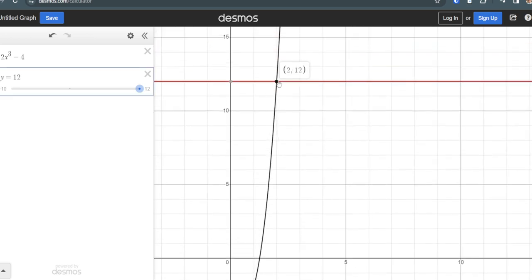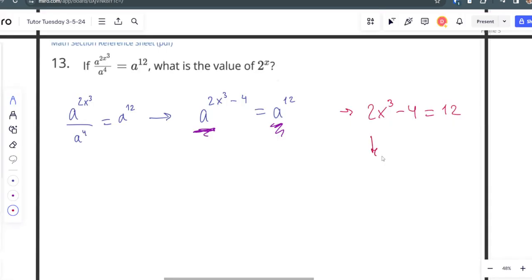And it's when x is equal to 2. So 2 to the power of x is going to be 2 squared, equal to 4. So you would plug in 4 as your final answer.